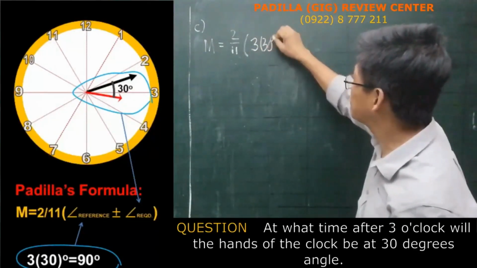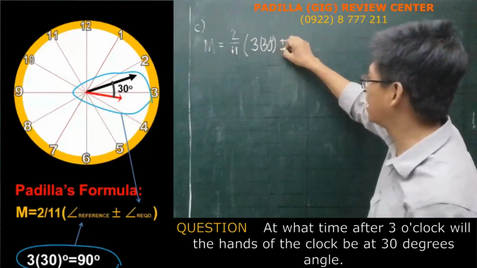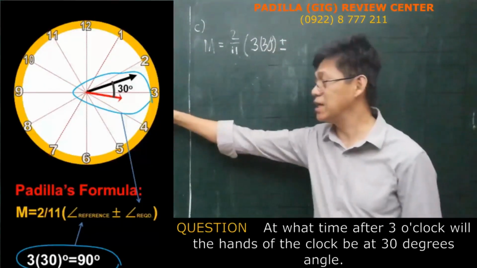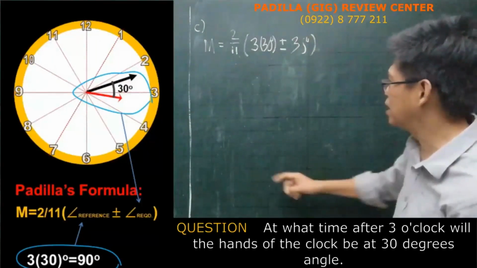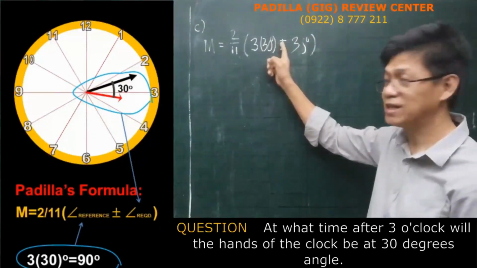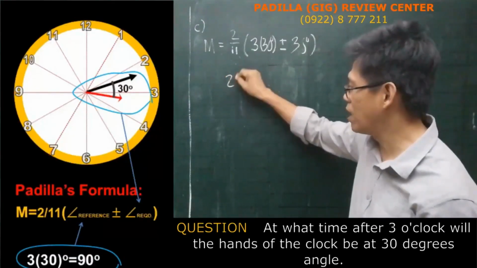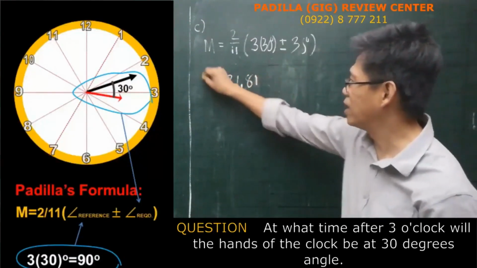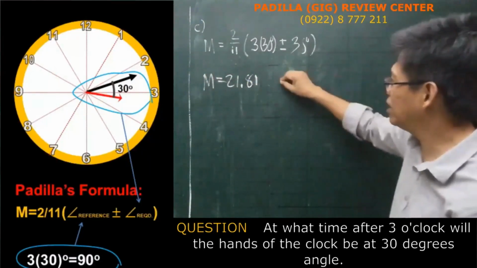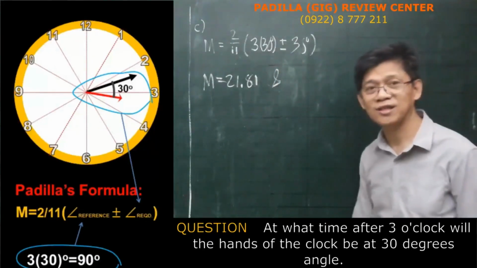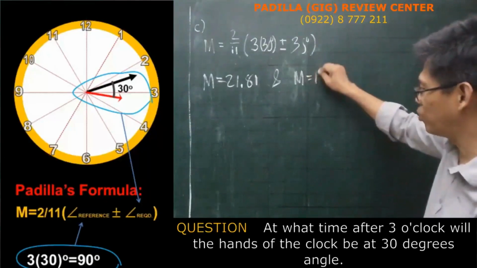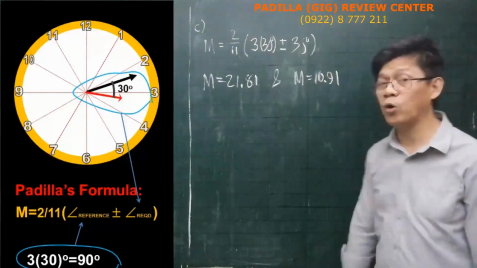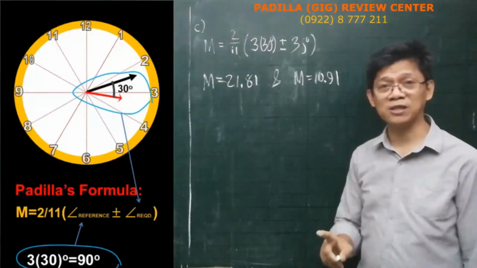Solving this, when you use the plus, you'll get 21.81. But when you use the minus, you'll get M is 10.91. Both of them are positive.